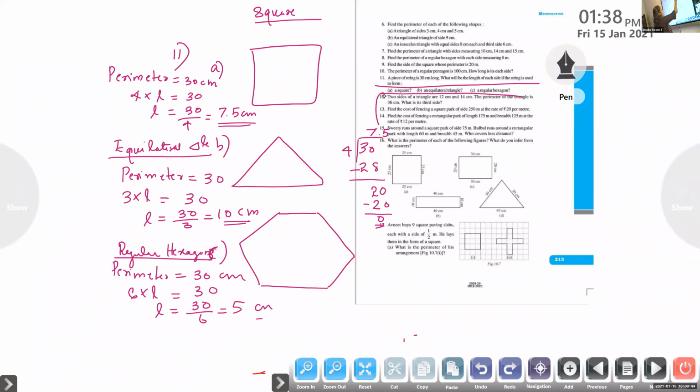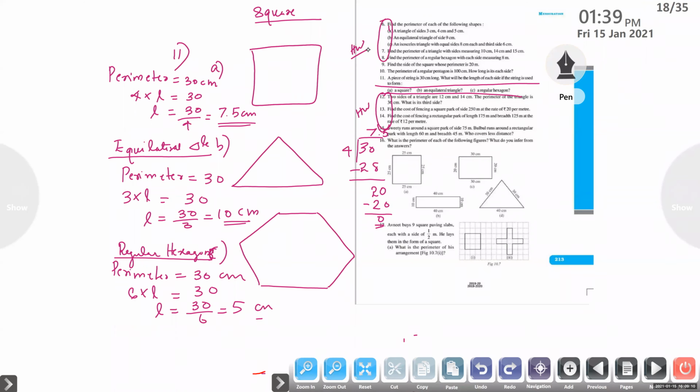Tomorrow I will discuss this. And 6, 7, 8 is also homework. Now children, shall I wind up the class? There is only one more minute.